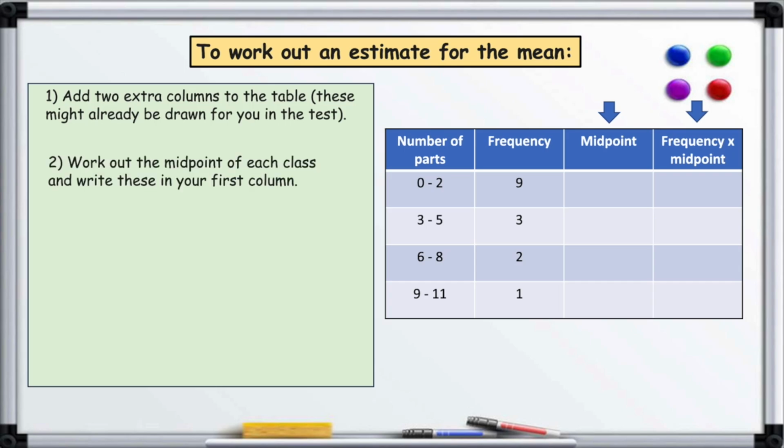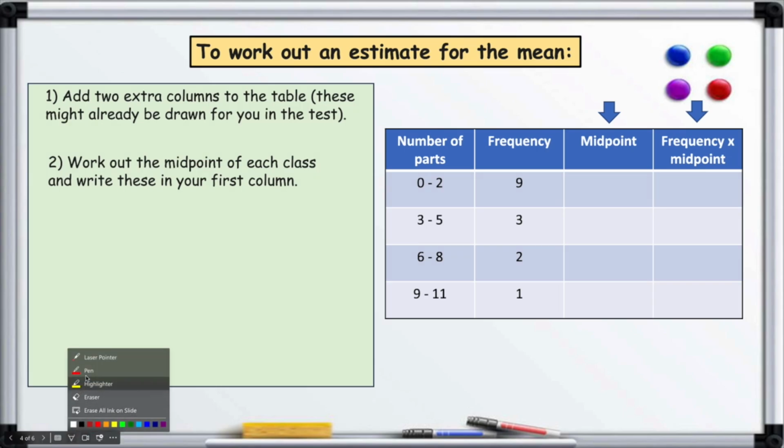And we work out the midpoint of each class and write these in your first column. So the midpoint of the first class, let me get my pen, here. So 0 to 2, the midpoint between that, 0, 1, 2. So the midpoint would be 1.